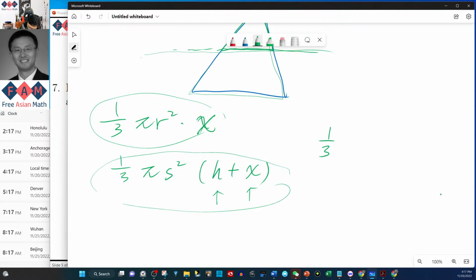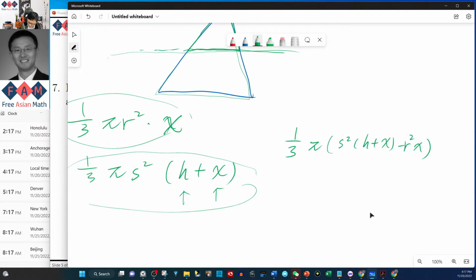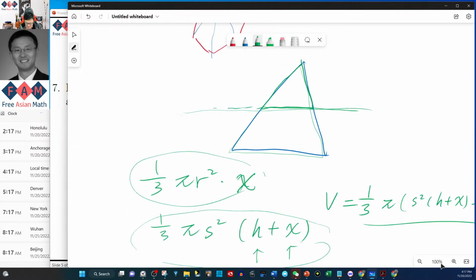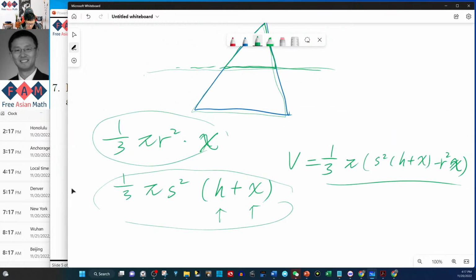So this must be 1/3 pi times s squared times h plus x minus r squared x. So this is the volume of the frustum expressed by this. The only thing that is not known is, of course, x. We don't know what that height is. But do you see any way to figure it out?